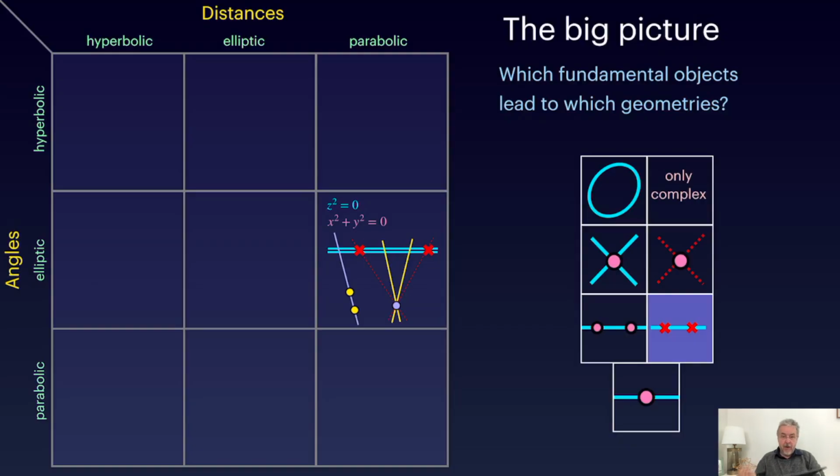You remember when we were introducing polars of conics, we learned that if you have a degenerate conic consisting of 2 points, then all tangents will automatically pass through these 2 points. So what we get here is 4 lines through our point here. 2 of them are complex conjugates, 2 of them are real.